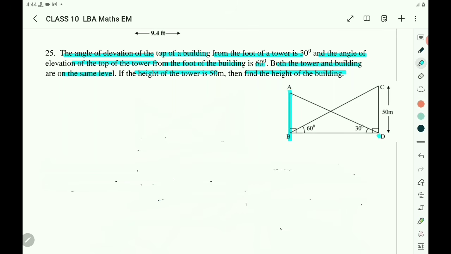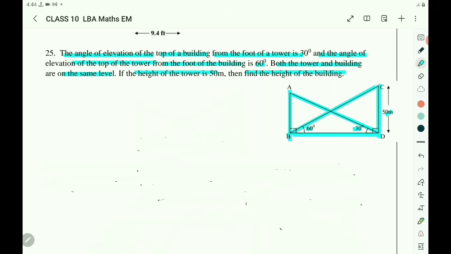From the foot of the tower, the angle of elevation of the top of the building is 30 degree. And the angle of elevation of the top of the tower from the foot of the building is 60 degree, where CD is a tower and C is its top. And the height of the tower is given, that is 50 meter. We have to find the height of the building.